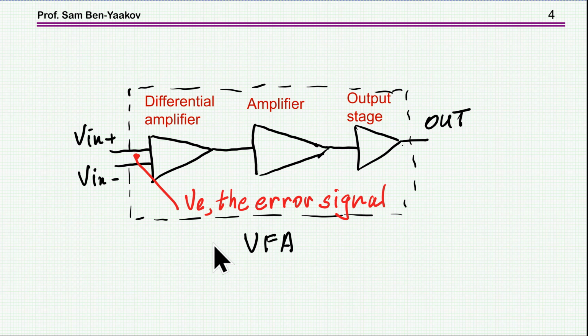It is very important to realize that the voltage between the two inputs, the difference, is the error signal. This is where we compare the reference to the output. The difference is developed here and then amplified. So this is the sense signal of this structure.